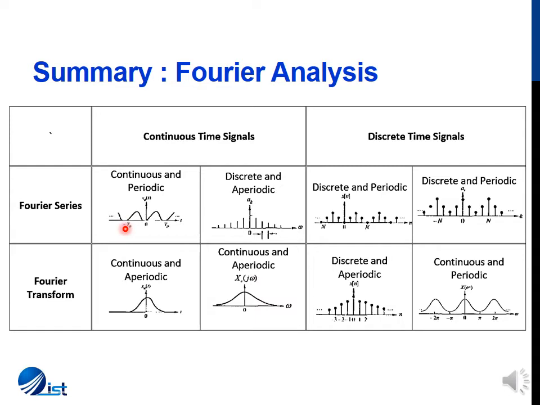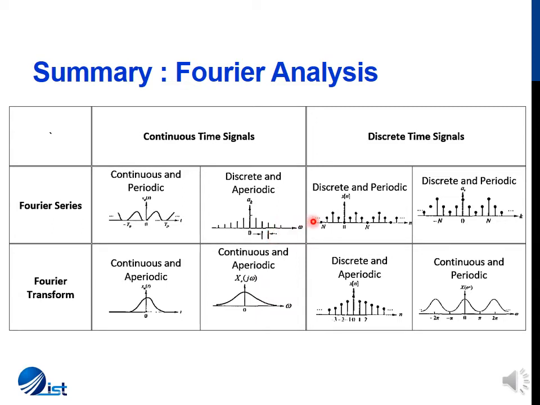So, if the input signal is continuous and periodic, then for Fourier series, the spectrum is discrete and aperiodic. The spacing between the spectrum is an integer multiple of the period of the signal.